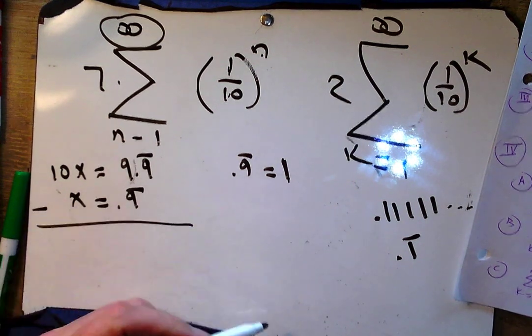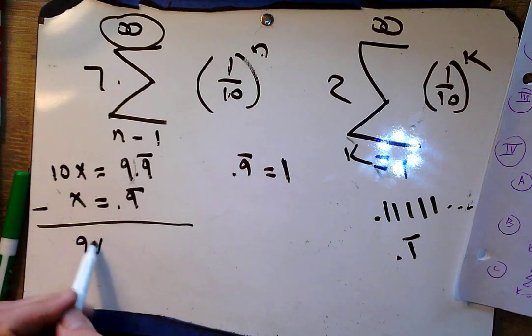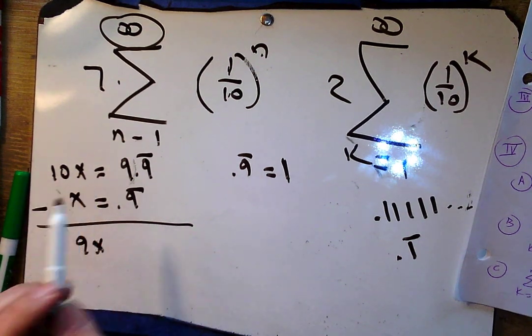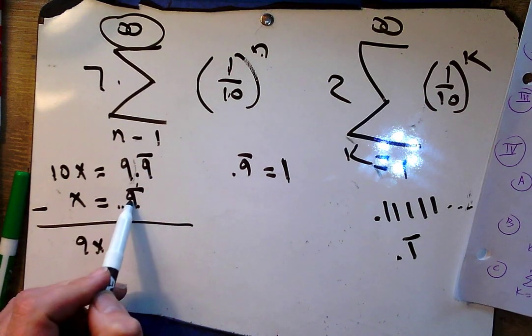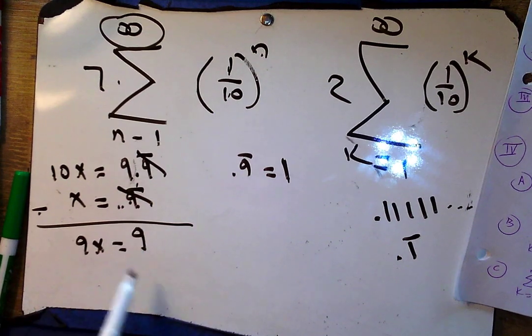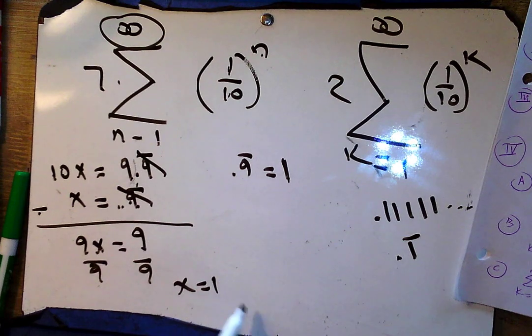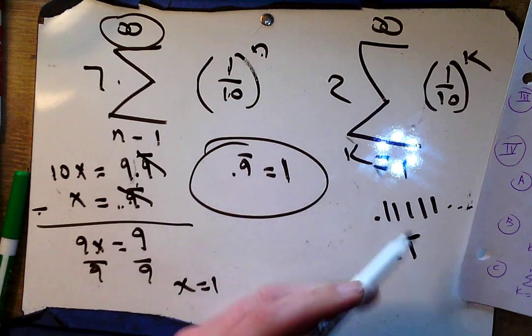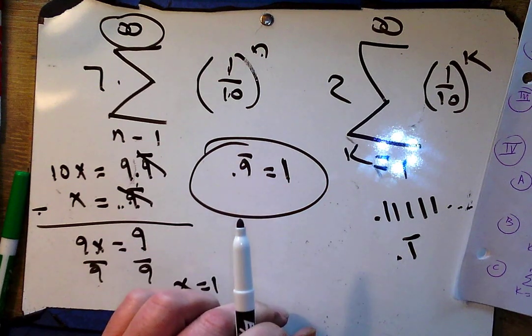Now, subtract. On the left-hand side, 10x minus 1x is 9x. On the right-hand side, 9.9 repeating minus 0.9 repeating, and I have 9. And if I divide both sides by 9, I get x equals 1. And therefore, 0.9 repeating is 1.